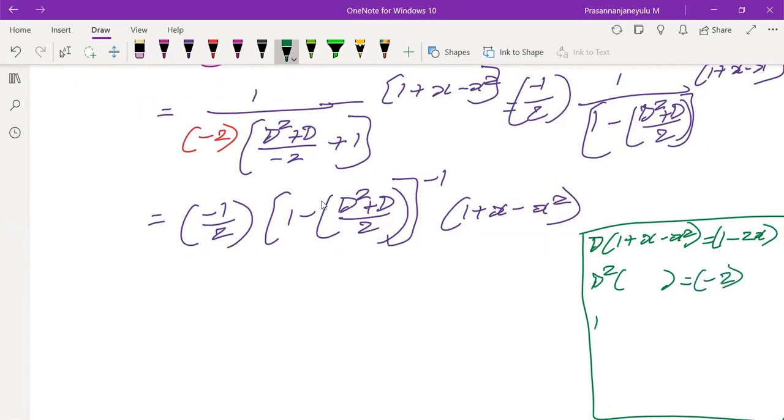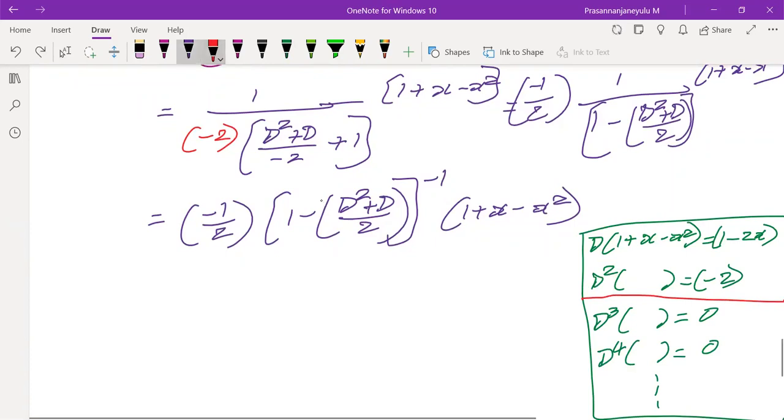What is the third derivative? It will be 0, because we differentiate the second derivative again. The fourth derivative will again be 0, and so on, all the values will be zeros. So as I mentioned, we have to continue up to power 2. The second derivative exists, so up to power 2 we can take it.